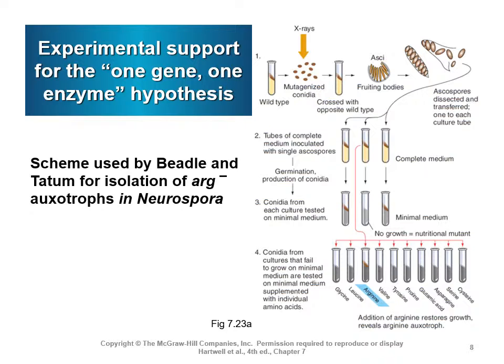However, they didn't know that at that point, and then they took samples of that culture and added to each one of them different amino acids, and they saw that by adding arginine they can see the regrowth of the culture, which indicated that the synthesis of arginine was affected by the X-ray induced mutation.